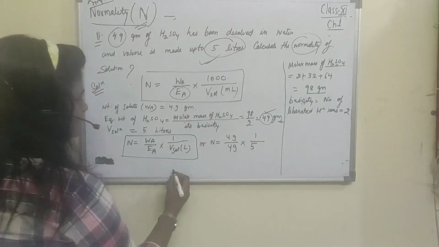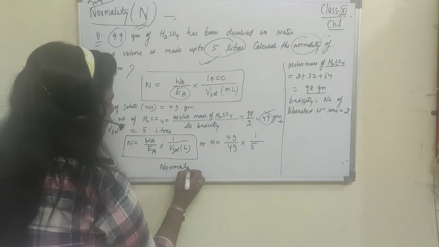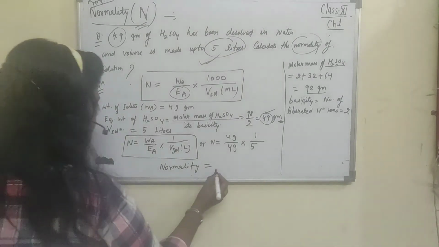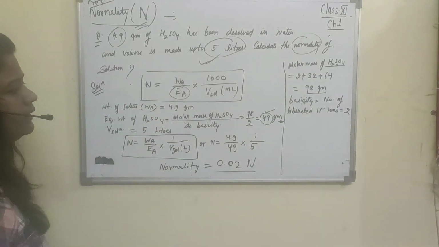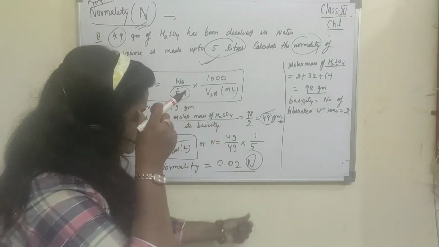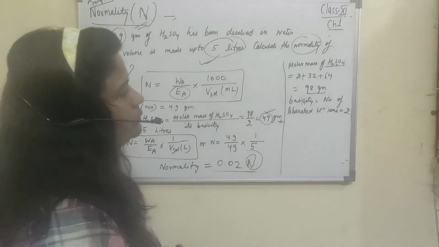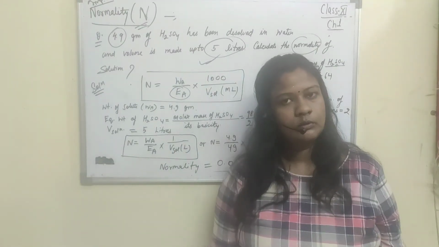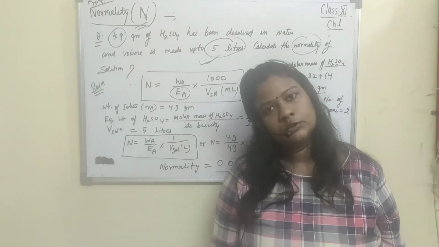Now we will calculate the normality of the solution. The answer will be 0.02 normal. Capital N is its unit, this represents normal. In this way we will calculate the question. You can do any sum or numerical by using this formula for the normality of the solution.